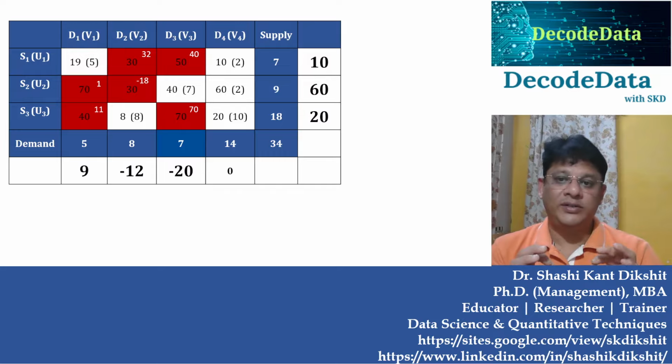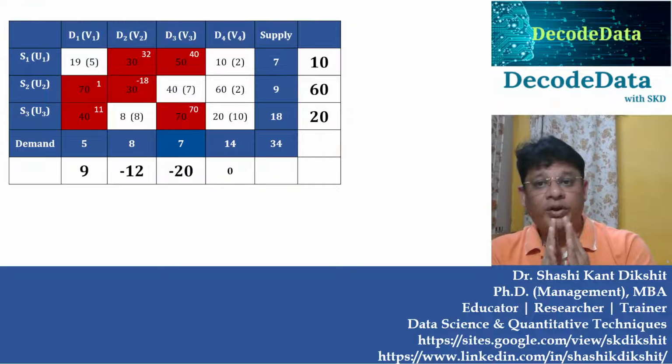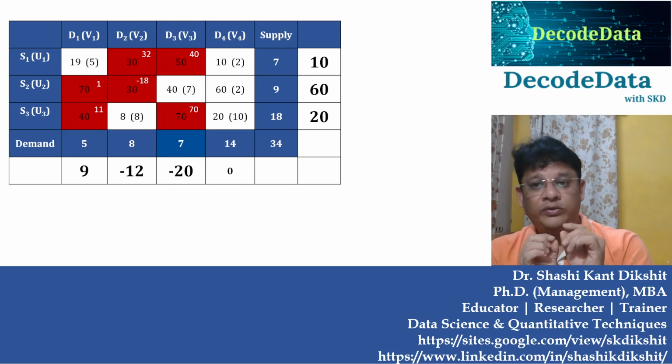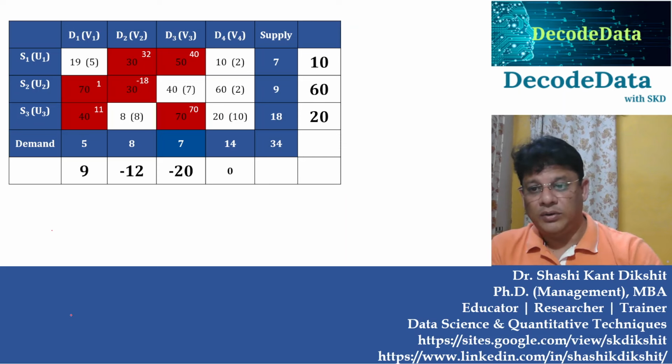So now all the empty, non-allocated cells have an opportunity cost. What does this opportunity cost indicate? That is one of the most important things you have to understand.